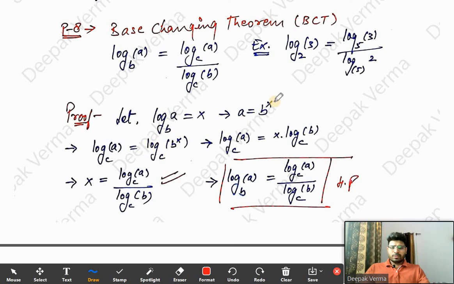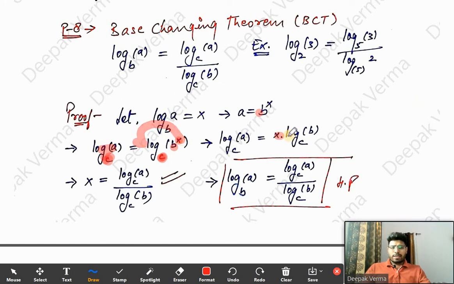Now take log both sides with new base c. That is our choice. We are introducing new base c. So log a base c, log b to the power x base c. Is it clear? Then by the property that we read earlier in this lecture, x will come here in front of log.